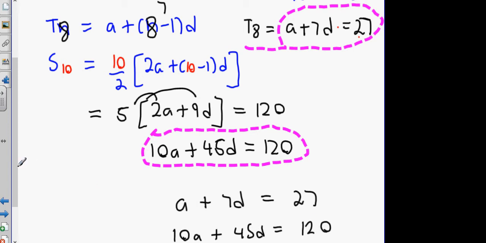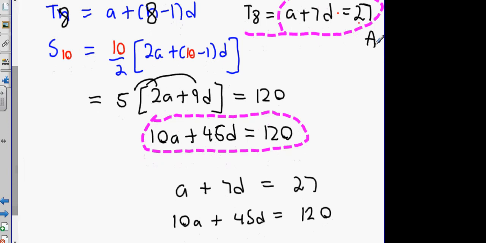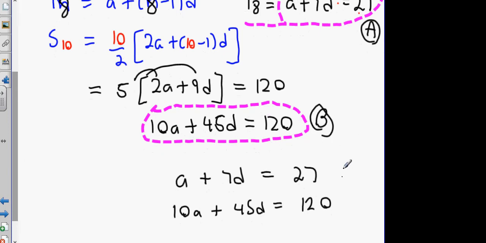We call them equation A and equation B. What I'd like us to do with equation A is multiply both sides by 10. When you multiply both sides by 10, you just put a 10 there. The 7d turns into anybody? 70d.